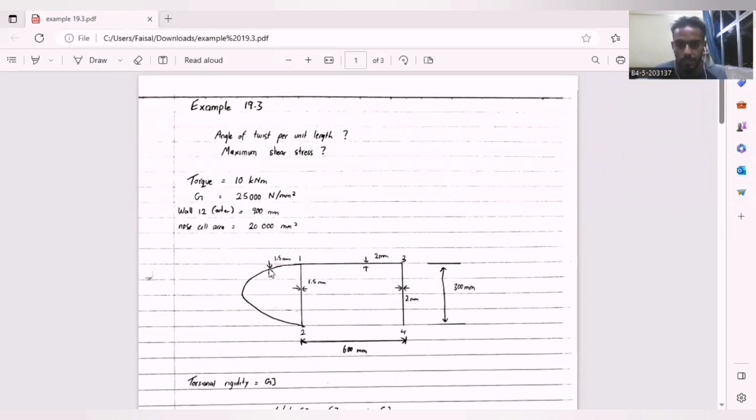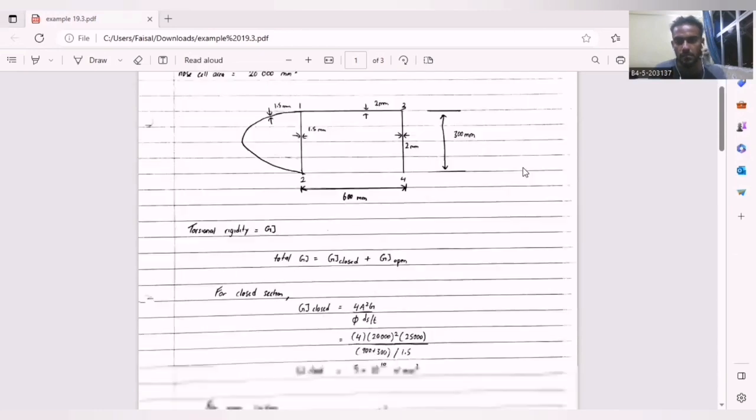The thickness is 1.5 for wall 1 to 2, and 1 to 3 is 2 millimeter, and 3 to 4 is 2 millimeter as well. The length is 300 millimeter, and the bottom is 600 millimeter. The question is to solve for the angle of twist per unit length and also the maximum shear stress.